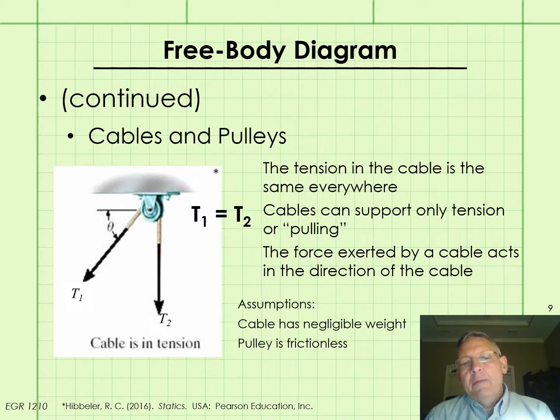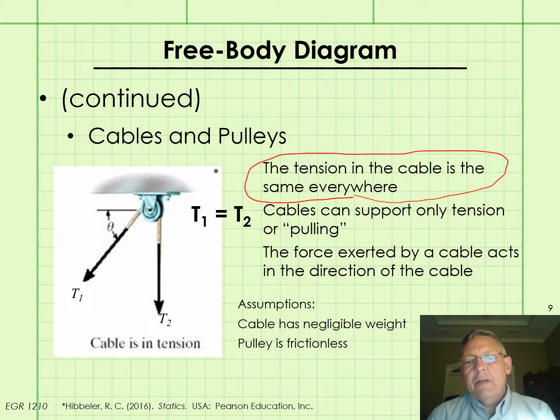The second type of connection that we see frequently is cables and pulleys. For any continuous length of cable, the tension in the cable is always going to be the same everywhere along the cable. Cables can support only tension or pulling. You can't have compression in a cable. You can't push a cable. You can only pull it.